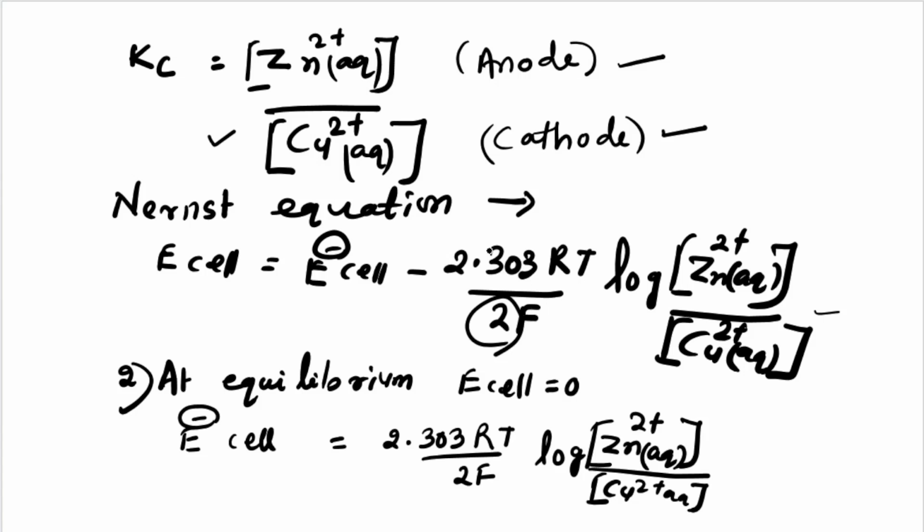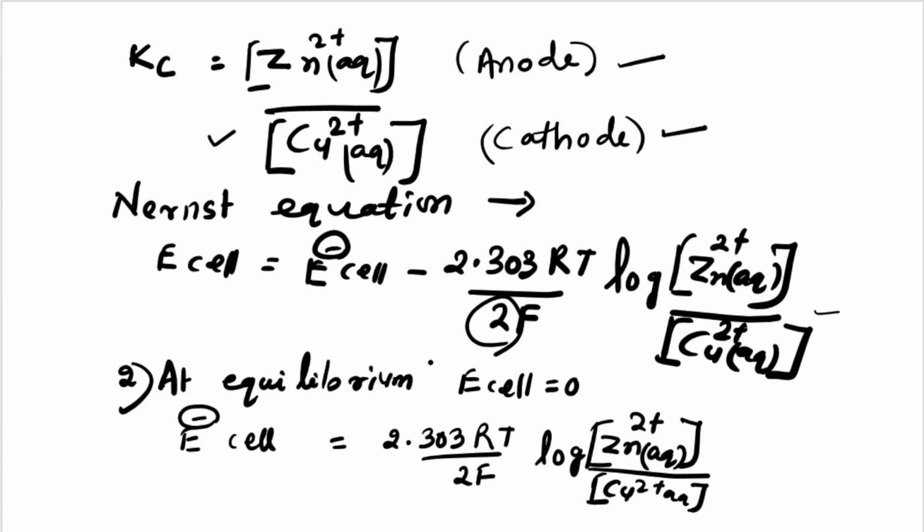Why 2F? Because here Zn and copper are involved. Zinc loses 2 electrons, Cu plus 2 gains 2 electrons. So you put 2 and log of the molar concentration of Zn plus 2 divided by the molar concentration of Cu plus 2.